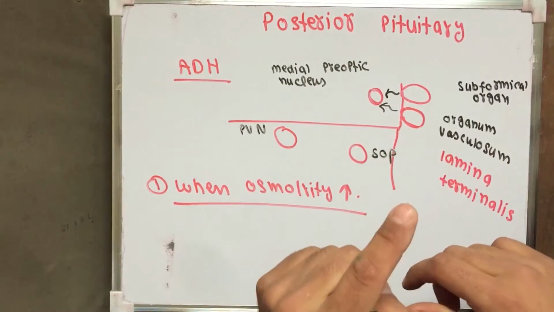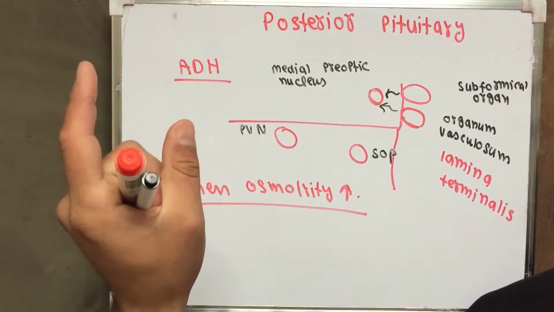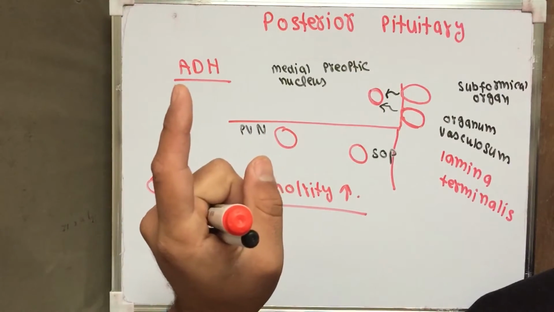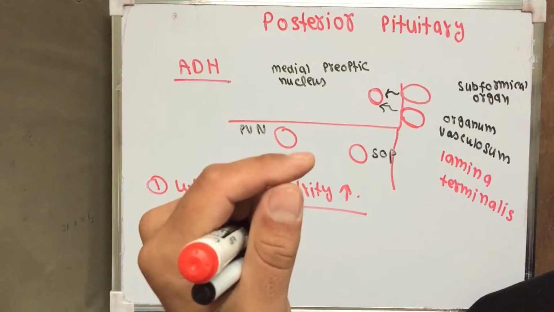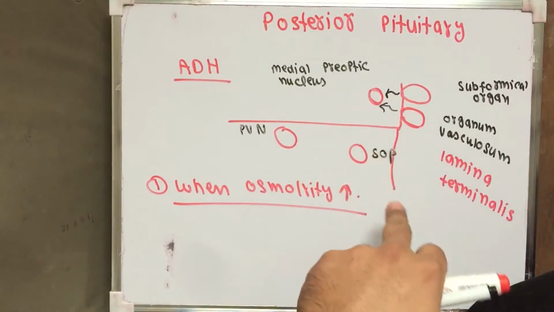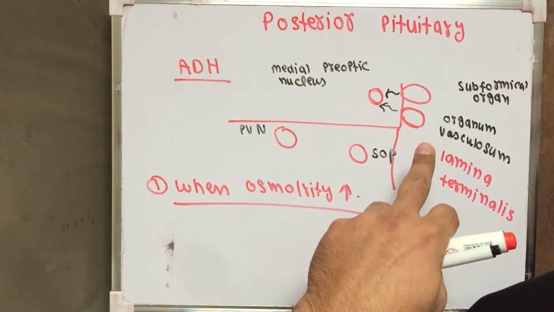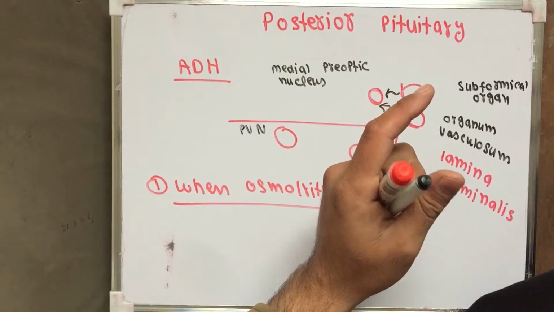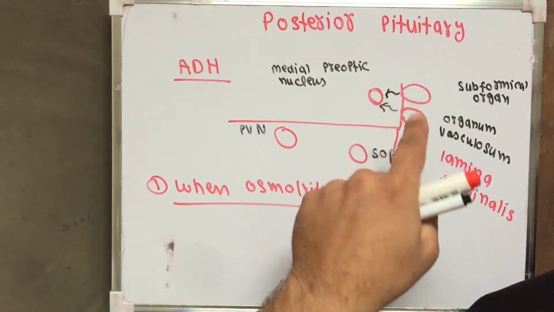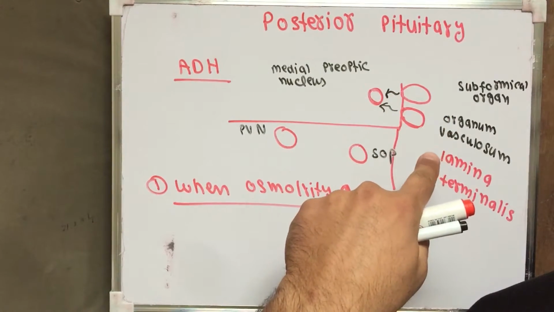When osmolarity is high, water level will be low and solute level will be high. Now the blood-brain barrier is broken here. Thus, this increased osmolarity is sent by osmoreceptor cells which are present in the lamina terminalis region.